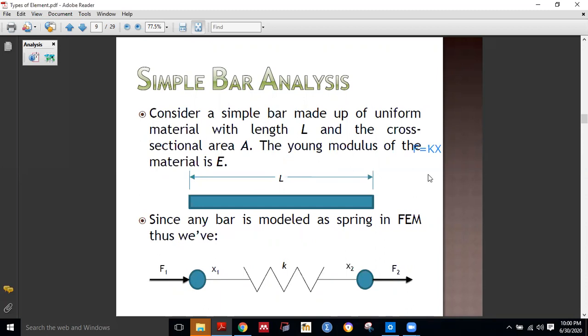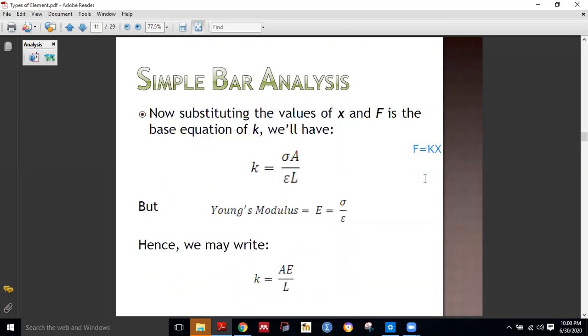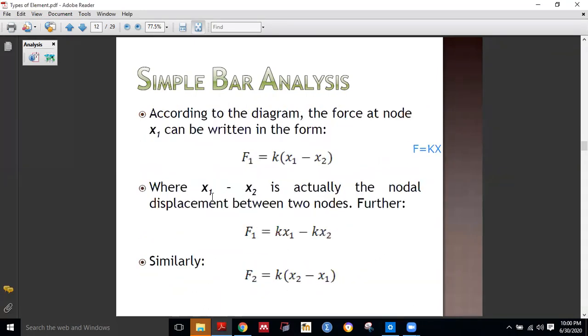So we have to consider x1 minus x2, that is the nodal displacement. You might have learned it in dynamics of machinery also. Otherwise, you will learn the new concept in that. So this is the basic concept behind this.